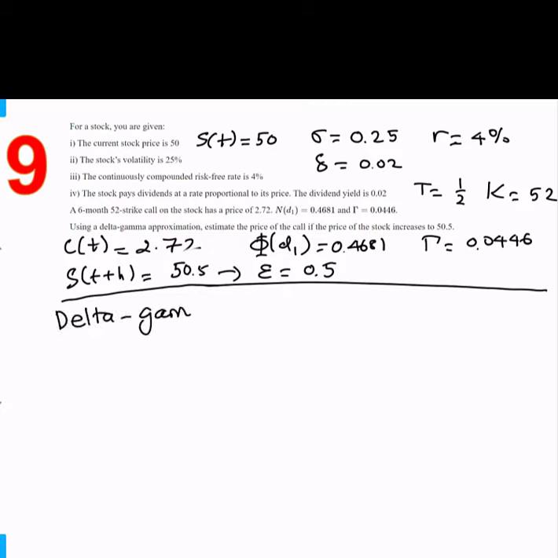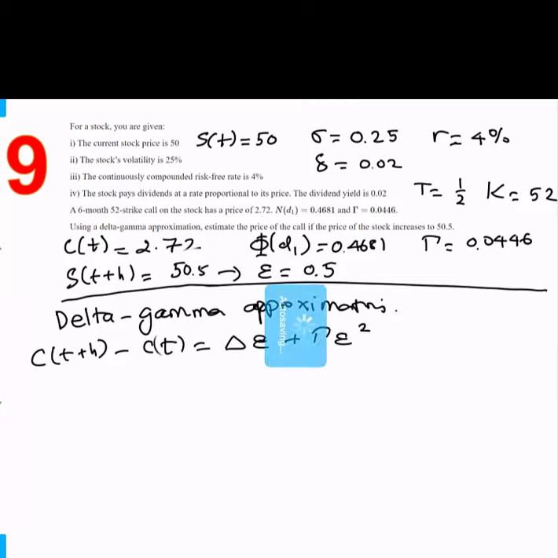Alright, from here, if we use delta-gamma approximation, we got C(T+h) minus C(T) is equal to delta epsilon plus gamma epsilon squared over 2, that's it, right?